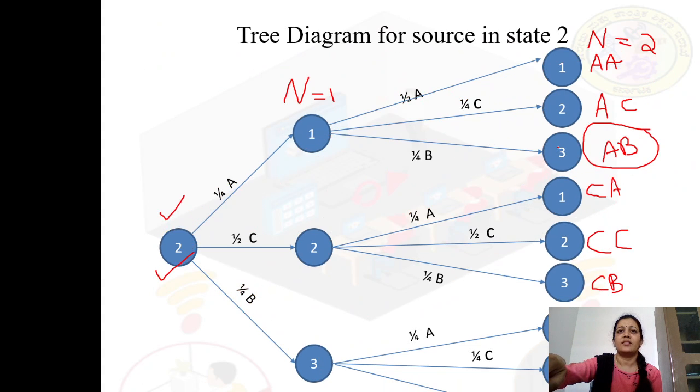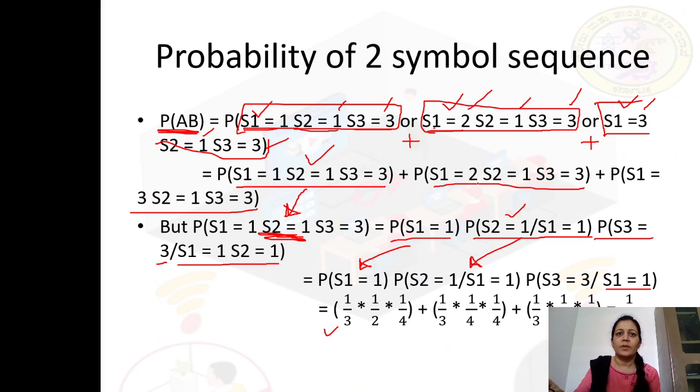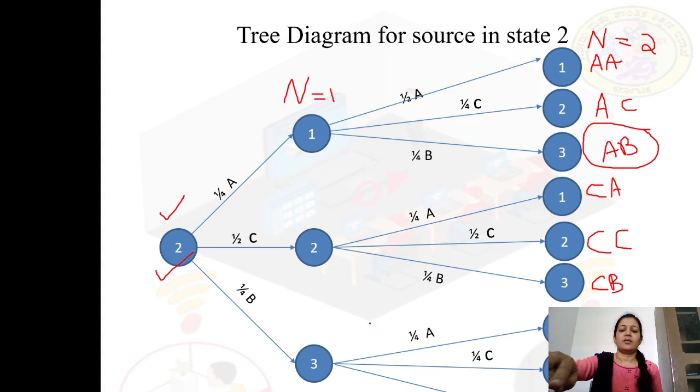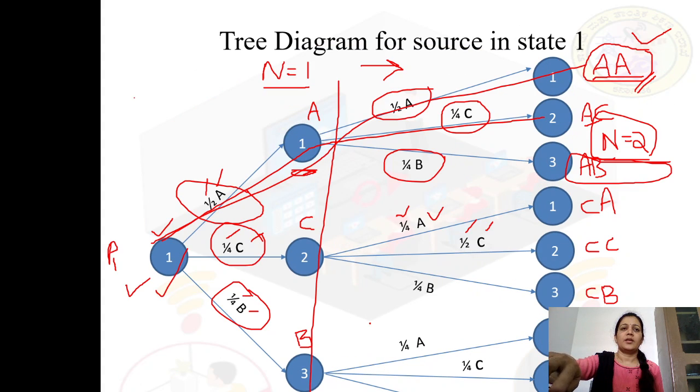So we are writing that here. And what is this 1 by 2? It is the transition from 1 to 1. Transition from 1 to 1 is nothing but 1 by 2.